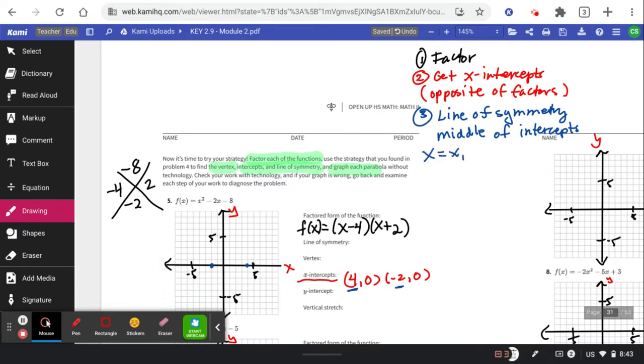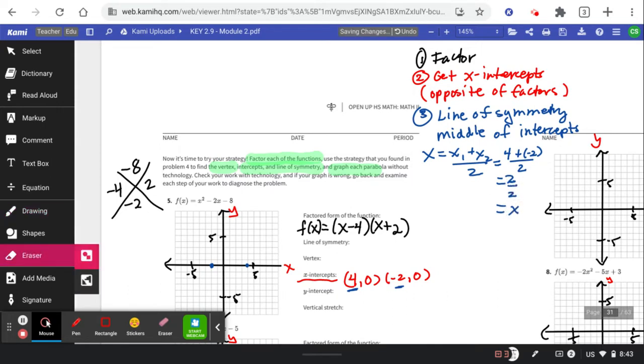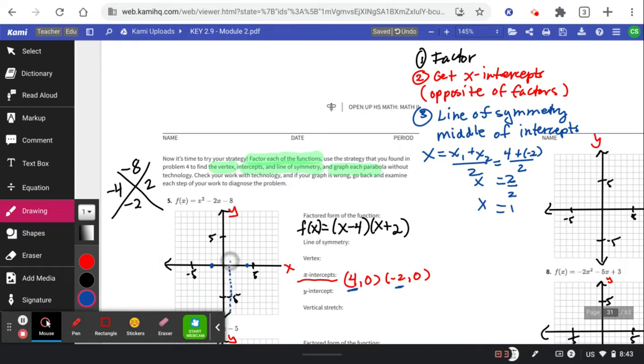It's your x1 plus your x2 divided in half. So it's the 4 plus the -2, which is 2. 2 divided by 2 is just 1. Well, you probably could have looked at the graph and seen that the middle goes right through 1.